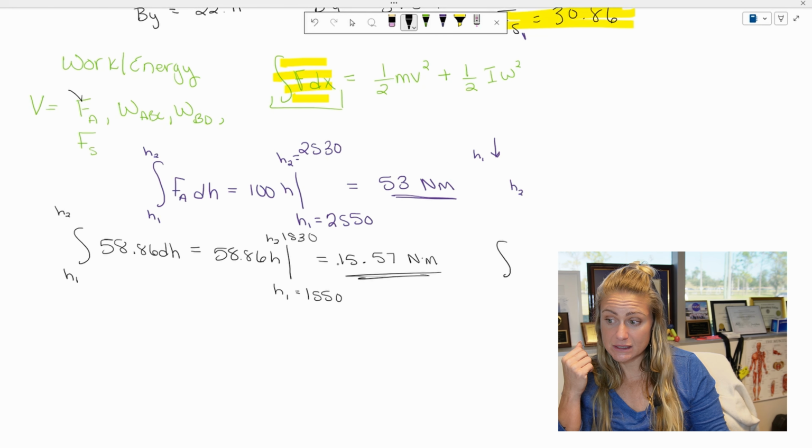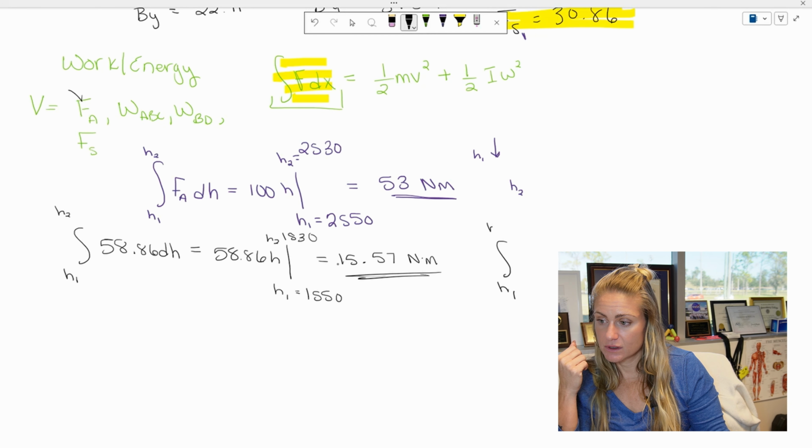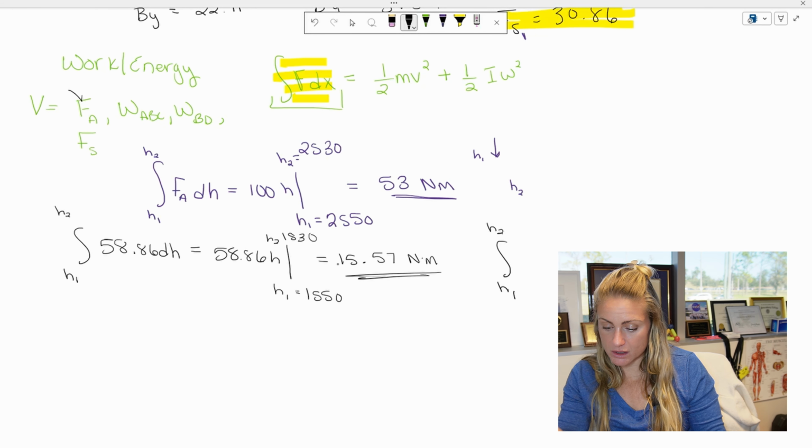Let's do the same thing for the weight for bar BC, or I'm sorry, BD. So we have height 1, height 2. The weight of bar BD is 29.43, and that's DH.